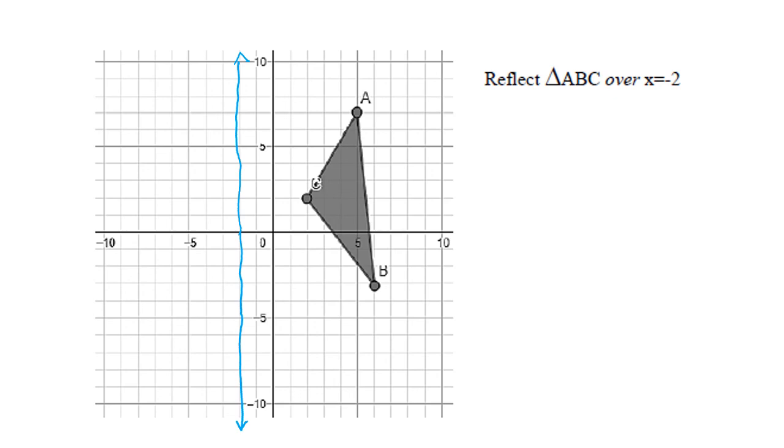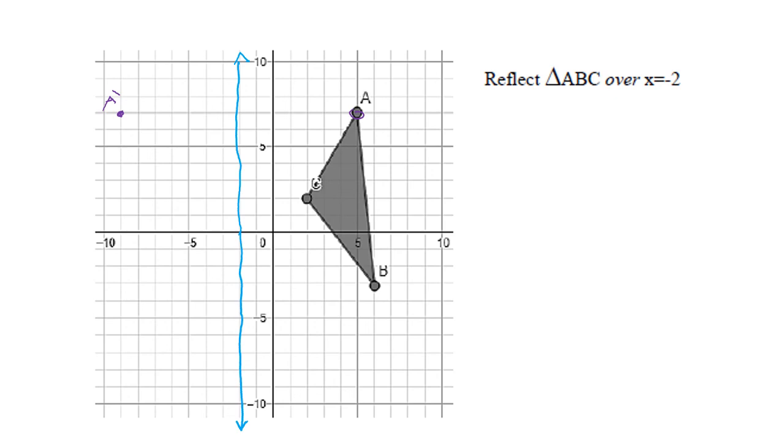So I'm going to count how many units away each of these points are in order to complete this reflection. So right now, looking at point A, it is 1, 2, 3, 4, 5, 6, 7 units to the right of my line x equals -2. So I need to count 7 units to the left and label A prime.